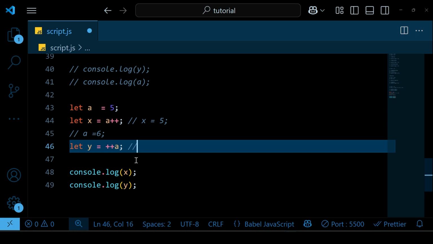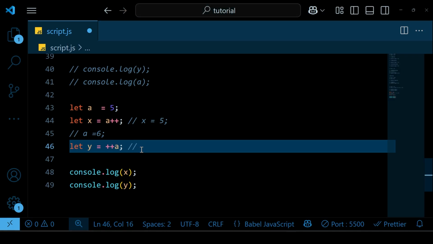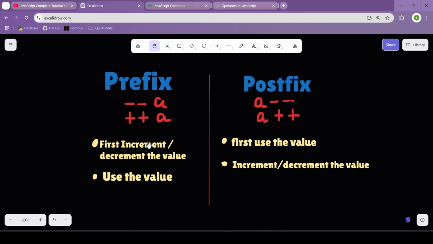And now here we have the prefix. It says first increment or decrement the value. So as we have plus plus a, and here a is equal to 6, if I first increment the value, a will become 7, and then after incrementing or decrementing the value, use that value.